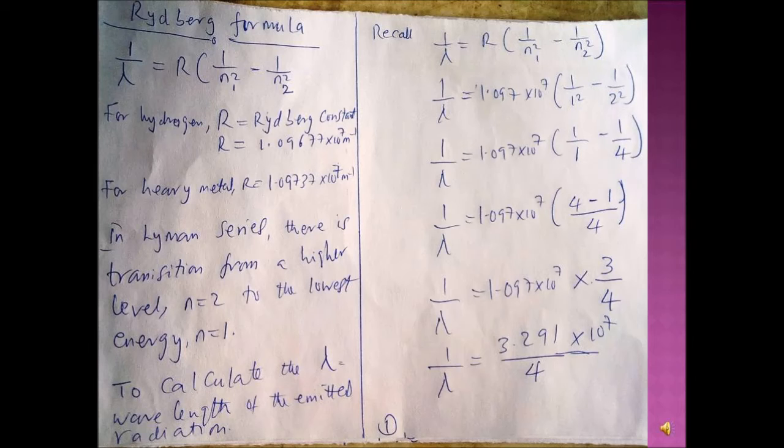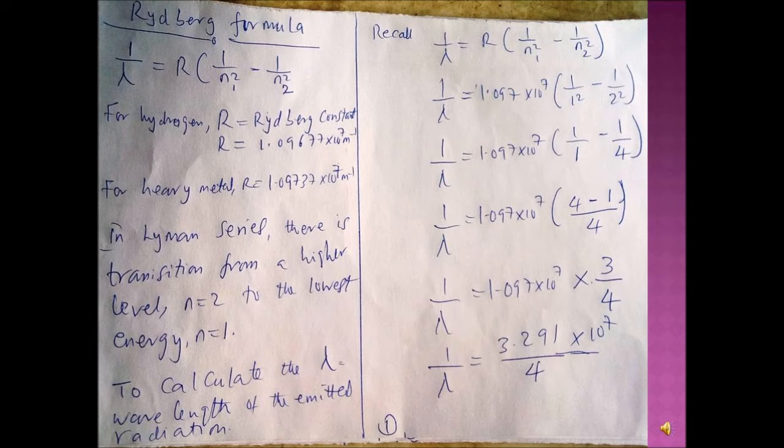To calculate the wavelength of emitted radiation, in the case of the Lyman series, where we have a transition from either 2, 3, 4, or 5 down to 1, which is the lowest, we can input the values and get our wavelength when there is a transition from the n2 orbit to the n1 orbit of a hydrogen atom.